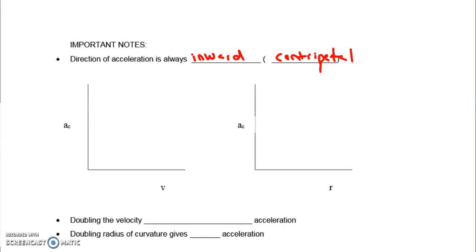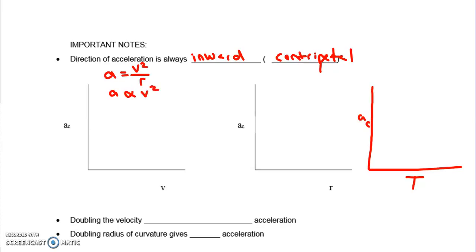And if we take a look at some graphs, and actually I added a third one here, centripetal acceleration versus the period. If I want to look at A versus V, my equation is A equals V squared over R. So I could say that A is proportional to V squared. Basically just saying if R stays the same, what's the relationship between A and V?